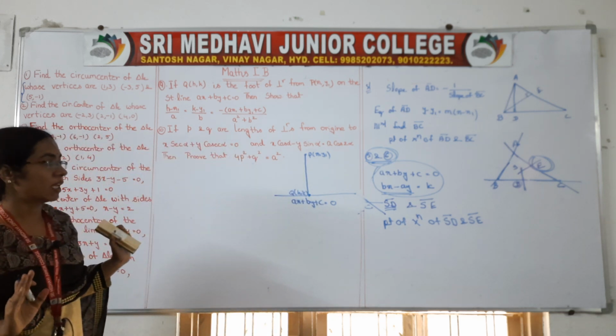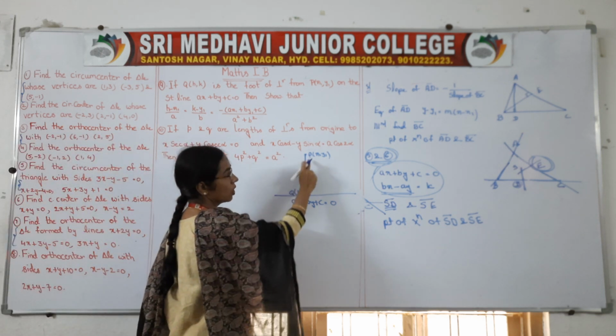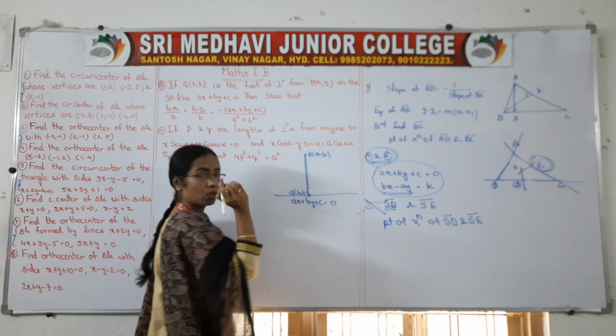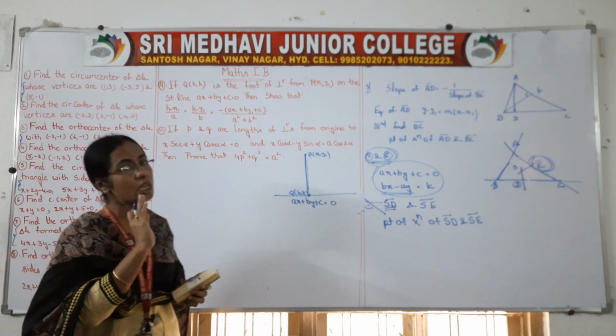So very simple. First you take PQ. This line is PQ. PQ is perpendicular to AX plus BY plus C is equal to 0.